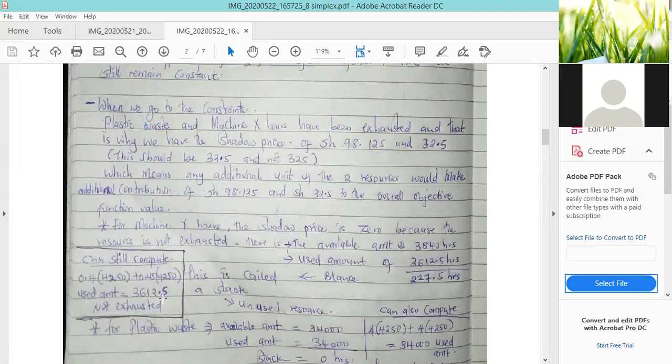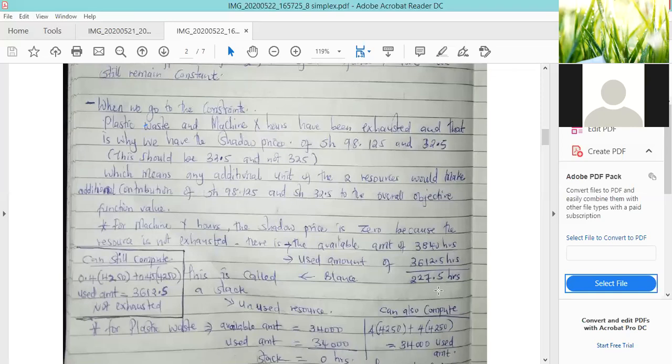Okay, then also, the balance, if you want, you can compute that between what has been used and what was given as the 3840. There is a balance which you can call our slack. And this is a figure we had from our previous table, 227,500.